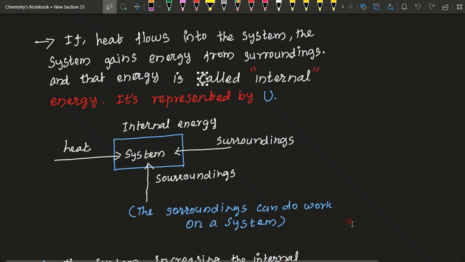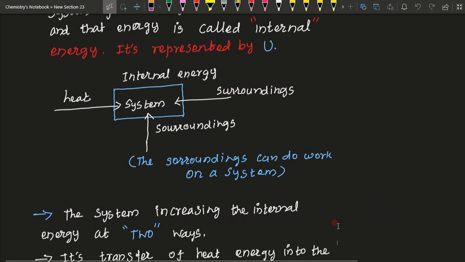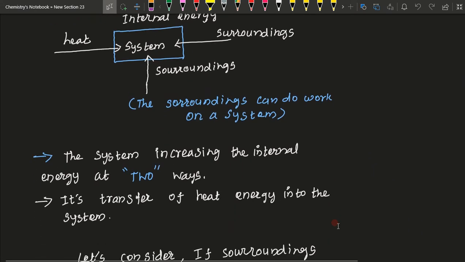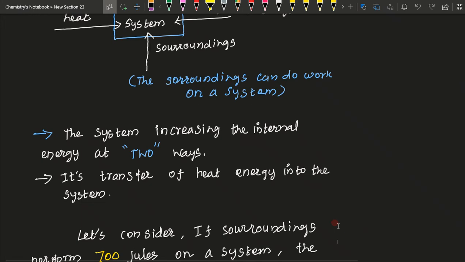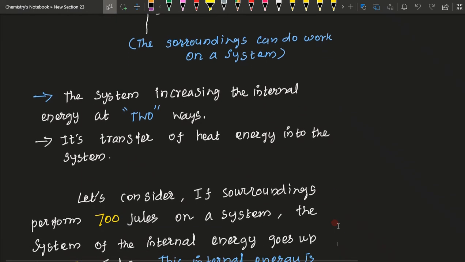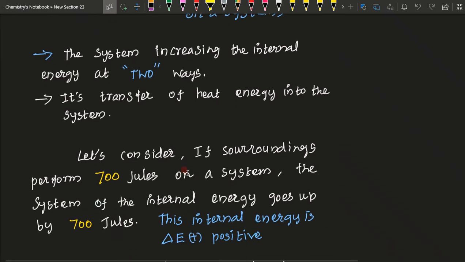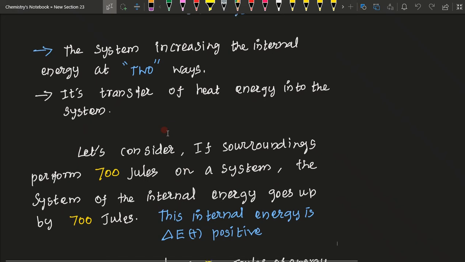The system increases its internal energy in two ways: transfer of heat energy into the system, and work. First one is heat and second one is work.